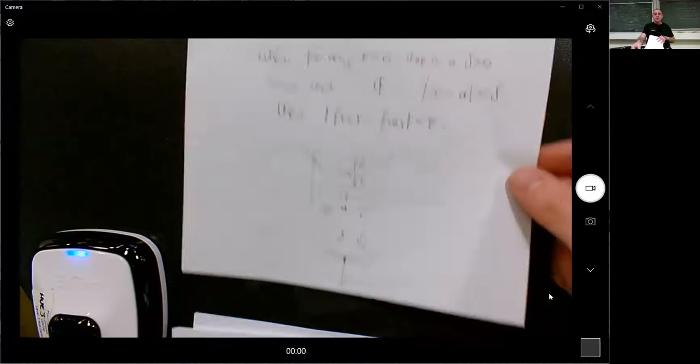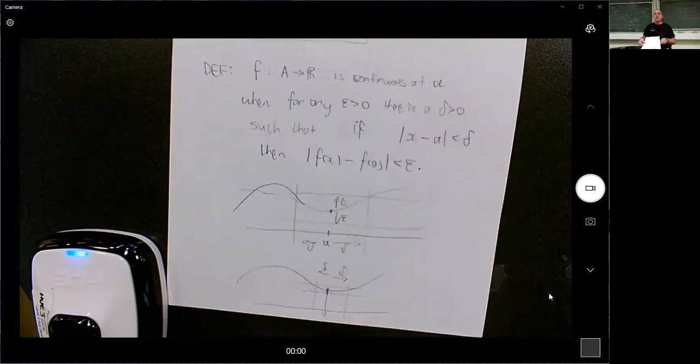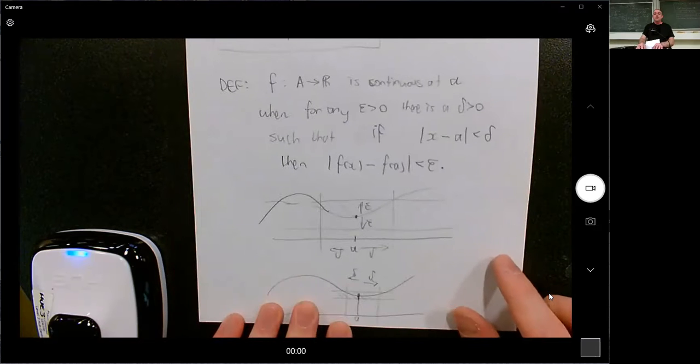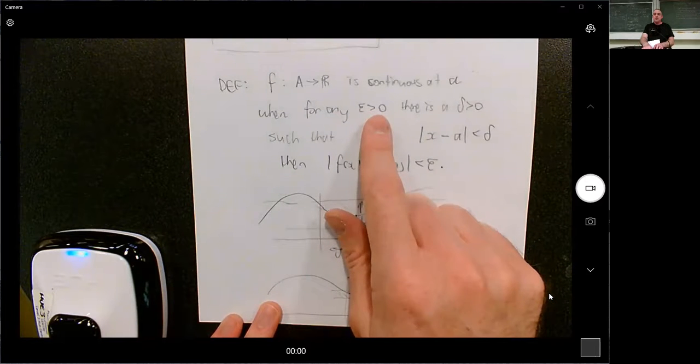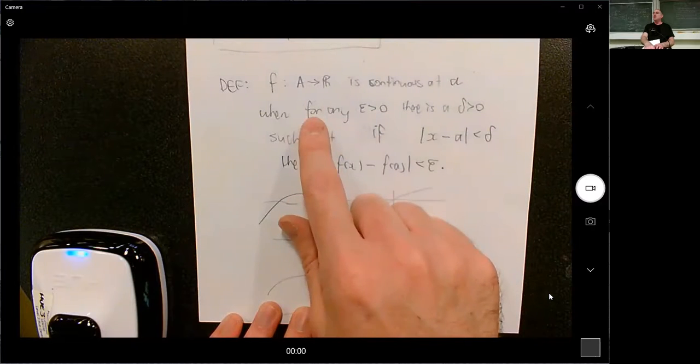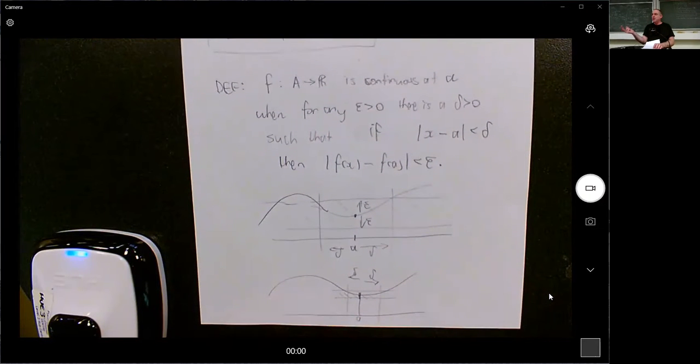And if I wanted to prove it was continuous at a specific point, then I would need to let epsilon be greater than 0, because it's a for-all, so you've got to give a name to the unknown epsilon, in the high school algebra sense, because it has to work for all the epsilons.